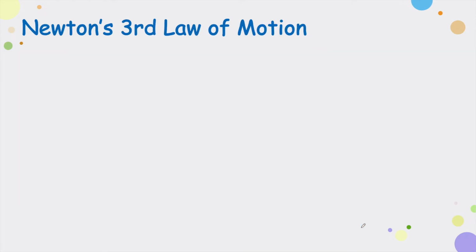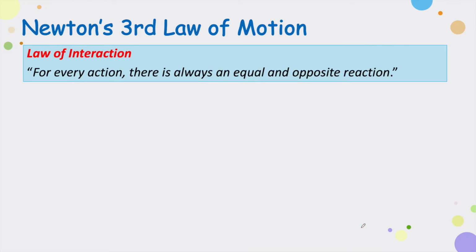The other one is what we call the law of interaction. For every action, there is always an equal but opposite reaction. One of the basic examples is an apple resting on top of a table.